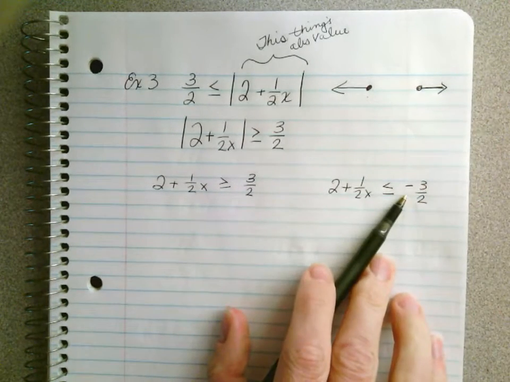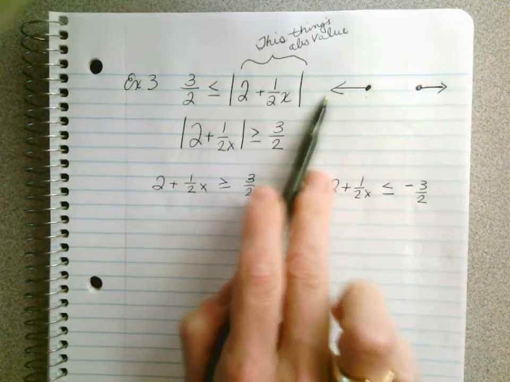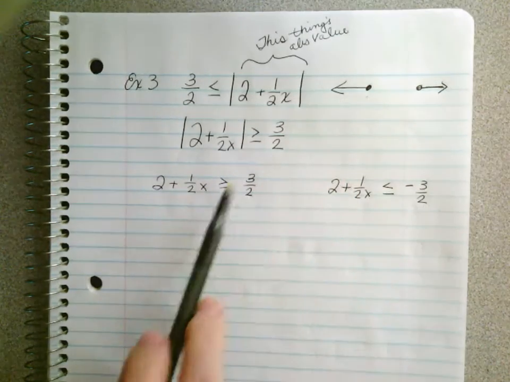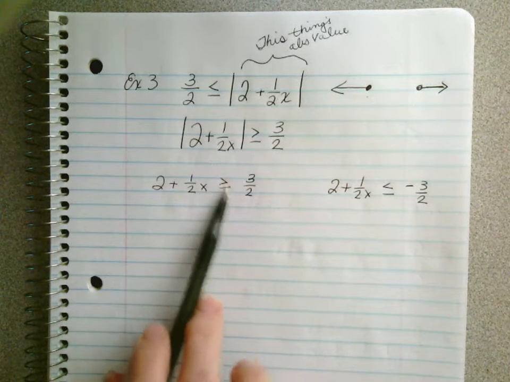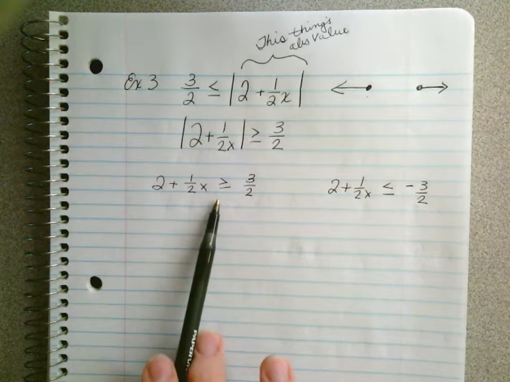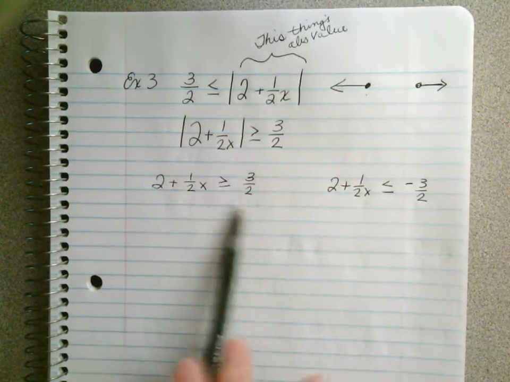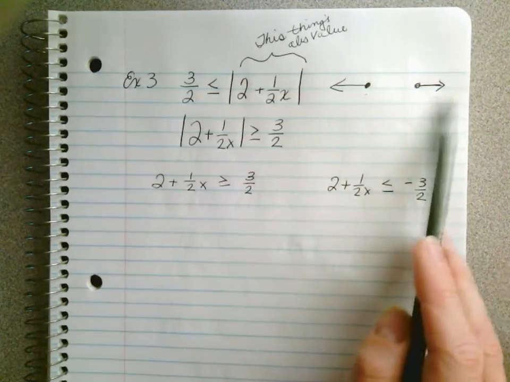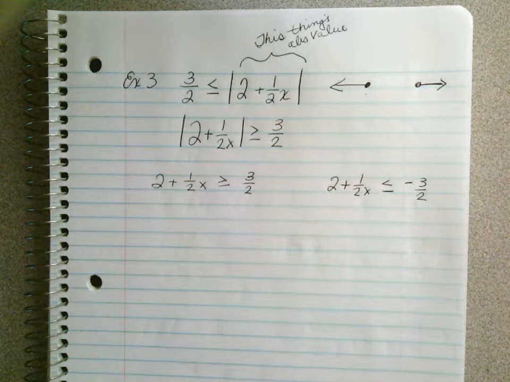Remember, things that are smaller than negative 3 halves go in this direction, and they do produce an absolute value bigger than 3 halves. Things that are bigger than positive 1 1/2 would go in that direction, producing an absolute value larger than 1 1/2.